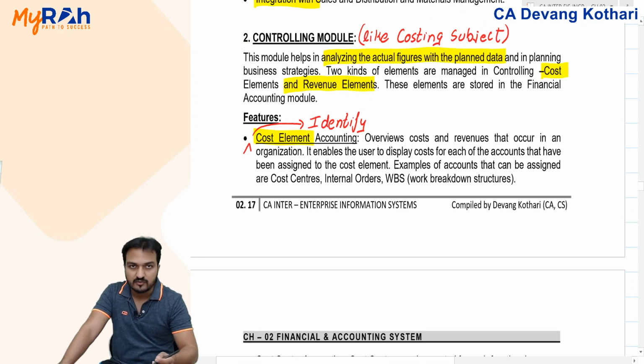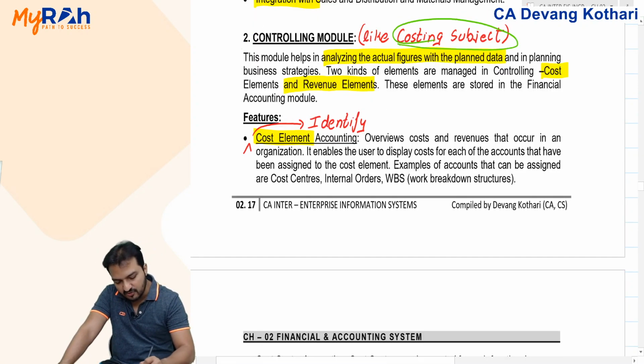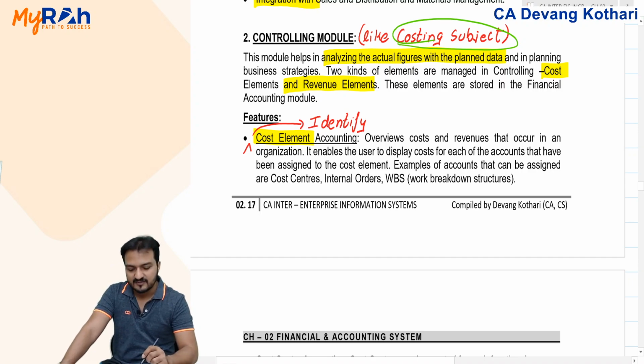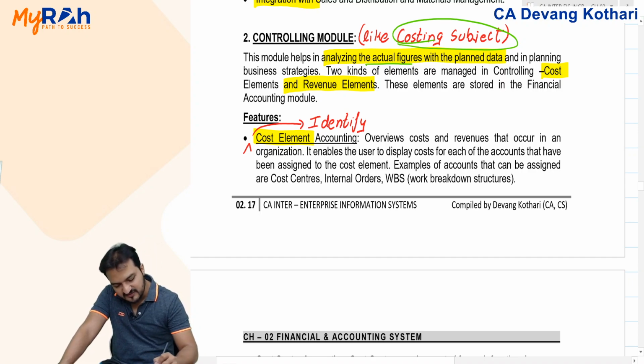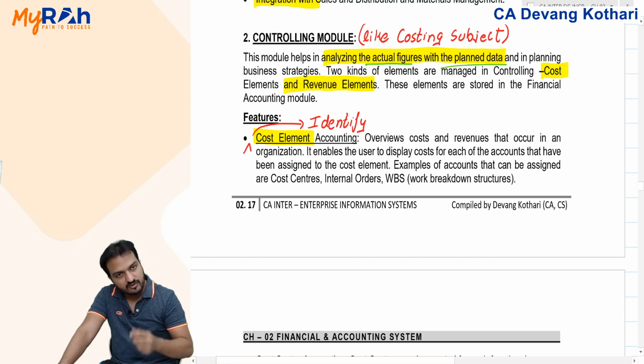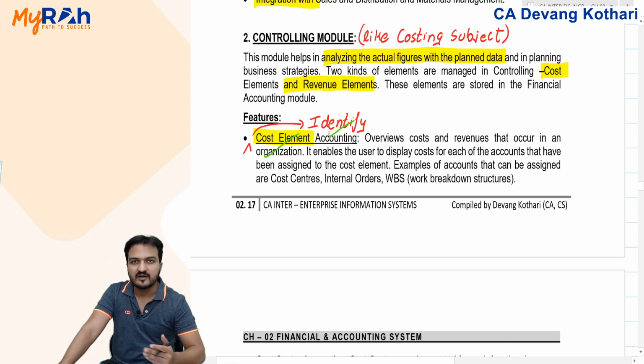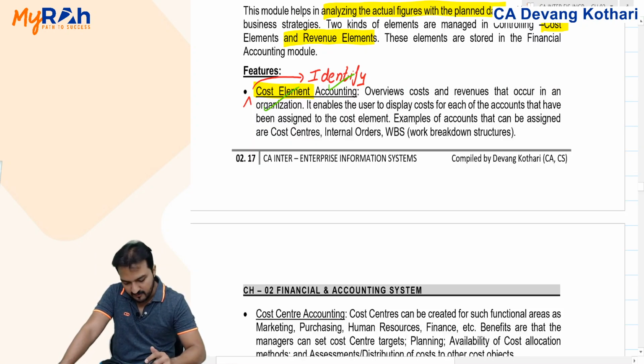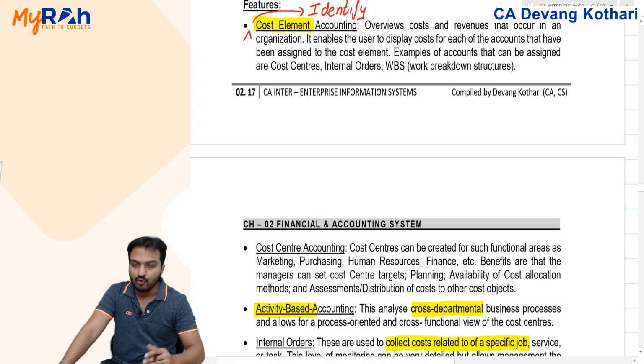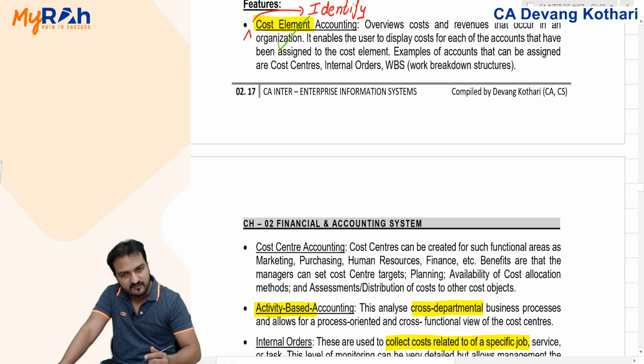Controlling module is basically like your subject of costing. Controlling module is about analyzing actual figures, comparing the actual figures with the planned figures. So this module will help you to identify cost elements. What all elements of cost exist in your company: material, labor, overheads, factory overheads, admin overheads, all those cost elements you can identify here.